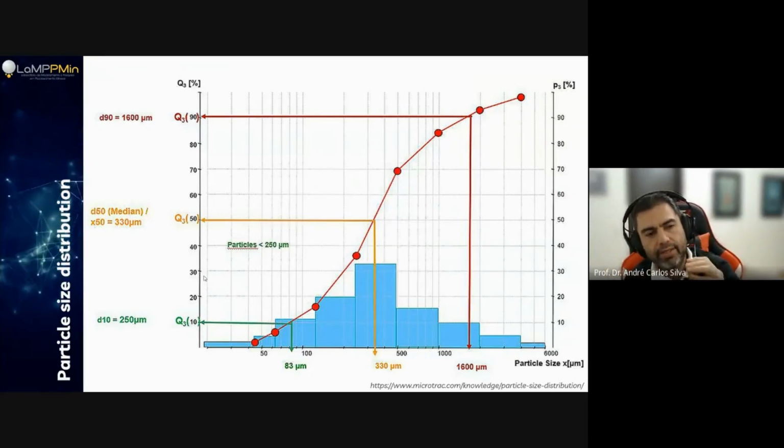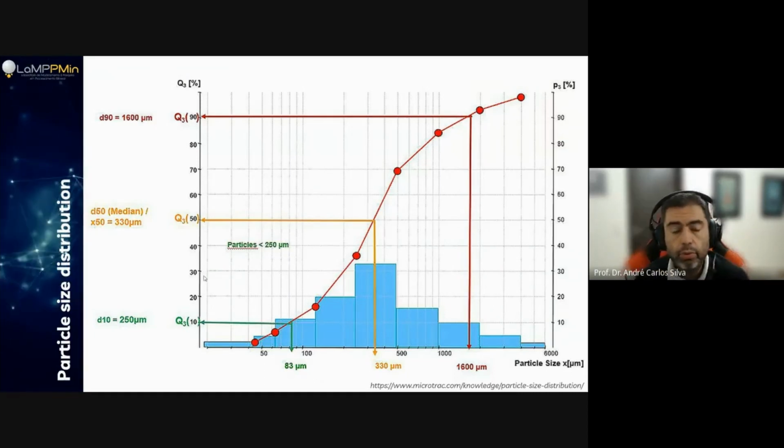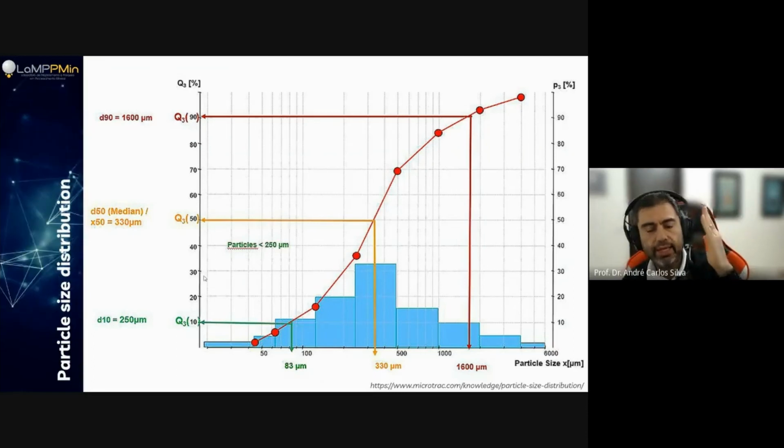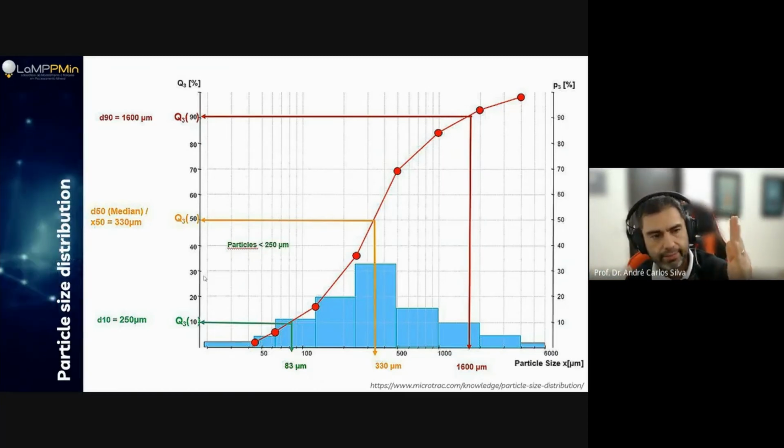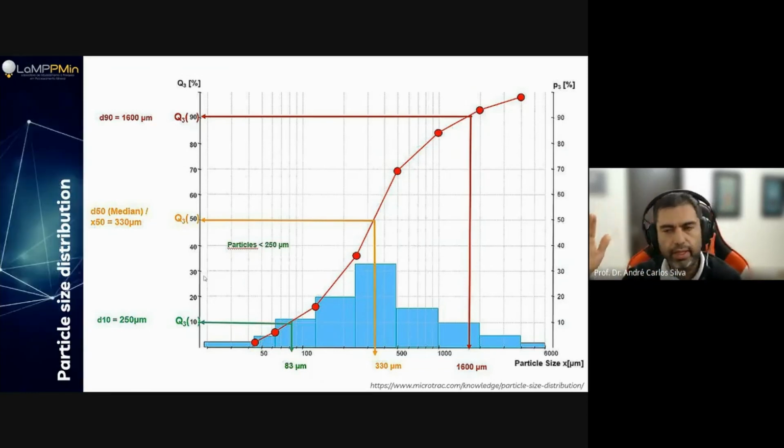Please, guys, that's the way to do it, because we have more information now. On one vertical axis, I can see Q3. On the other one I can see P3. Q3 for me is mass, and P3 on the other hand is number of particles.